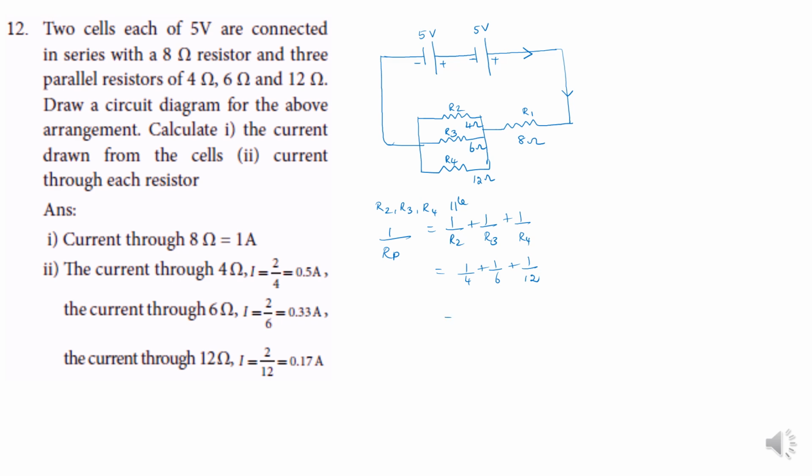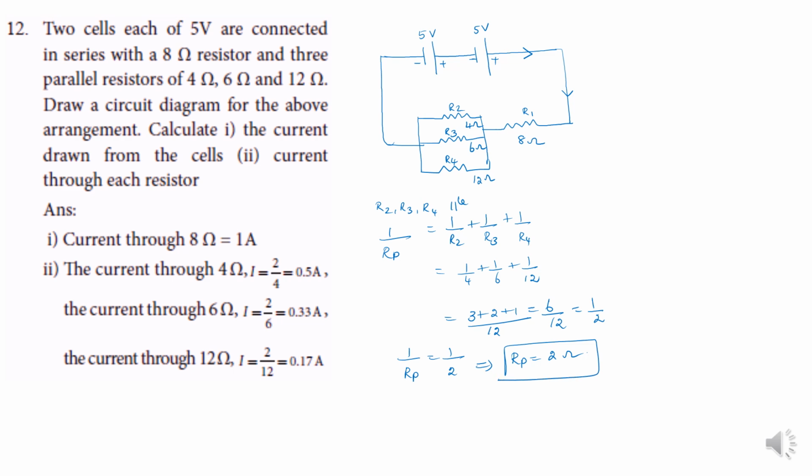Taking 12 as the common denominator, this is 3 plus 2 plus 1, which is 6 by 12, 1 by 2. So 1 by Rp is equal to 1 by 2. That means Rp is equal to 2 ohms.